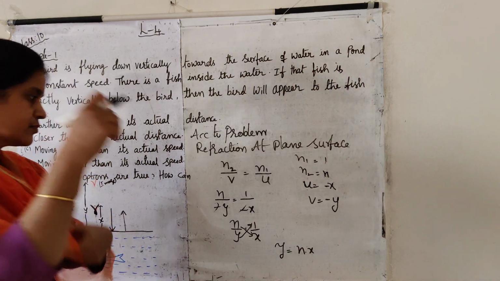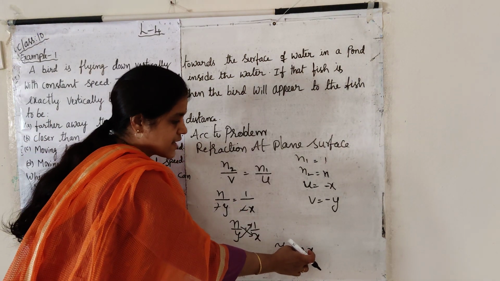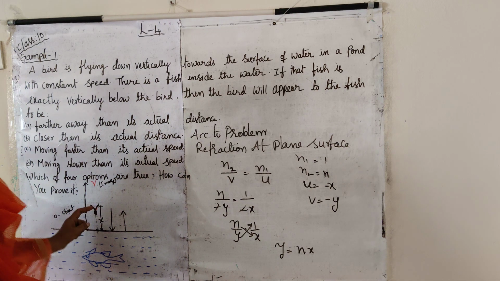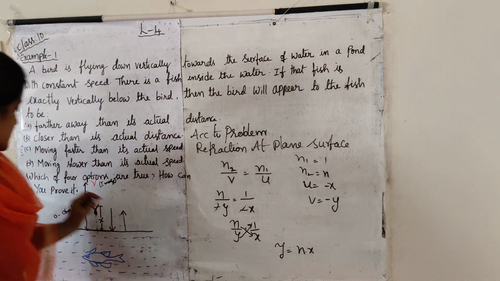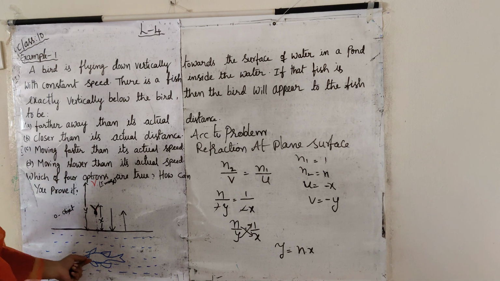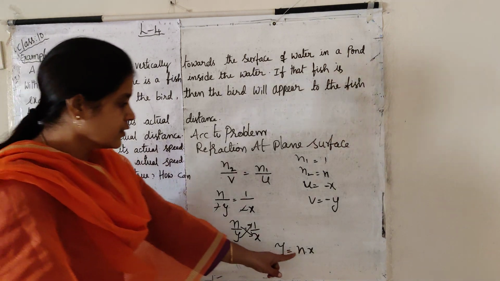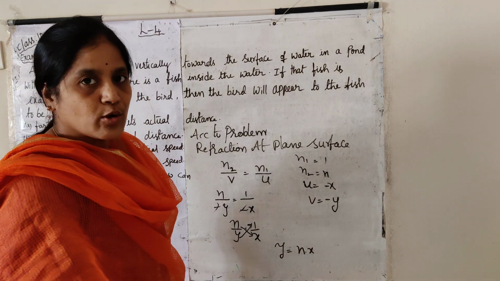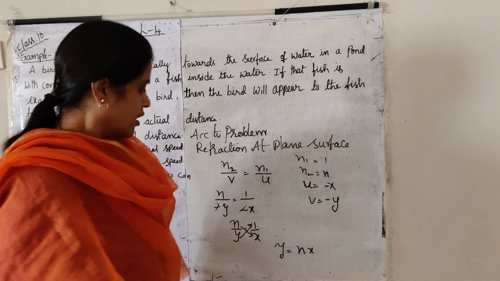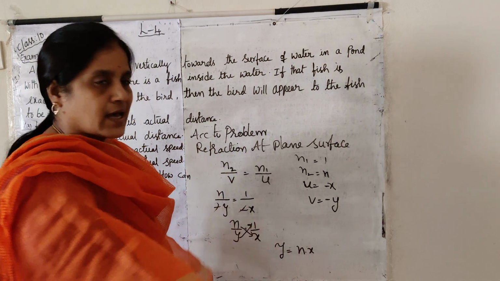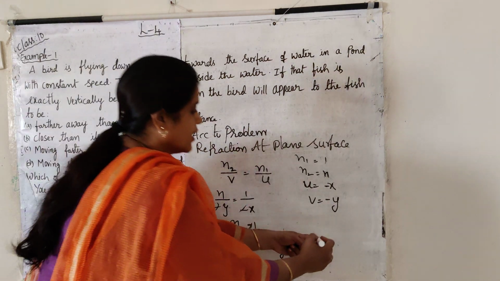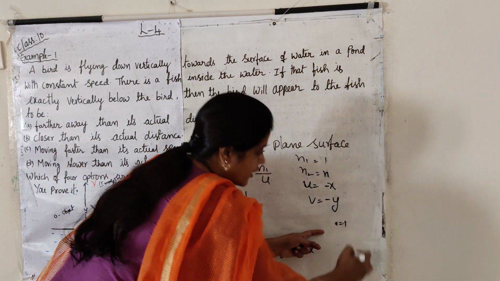Now here, what is x? The actual distance of the bird. What is y? This is the image of the bird seen by the fish. And what is n? The refractive index of water. In y equals nx, for example, if you refer to Google, the refractive index of the water medium is 1.3, which means more than 1.